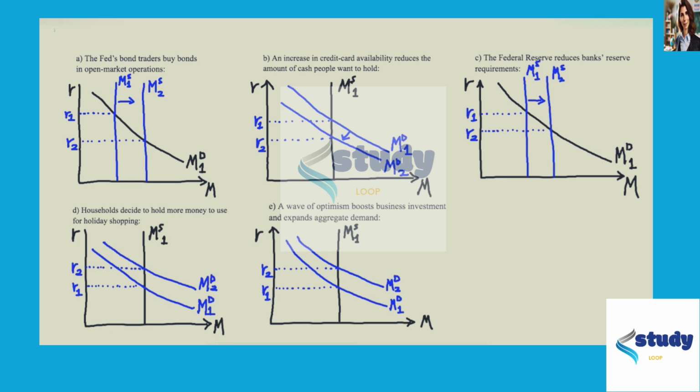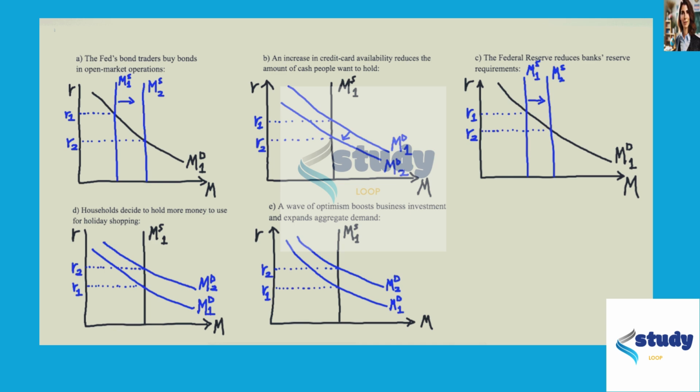So if the Fed says that now the banks need to have 10% instead of 20% in reserve requirements, what are the banks going to do? They're going to be able to lend more money through loans, and this will definitely increase the money supply. So the money supply curve shifts from MS1 to MS2, and once again, the equilibrium interest rate reduces to R2. This is very similar to our first case, part A.